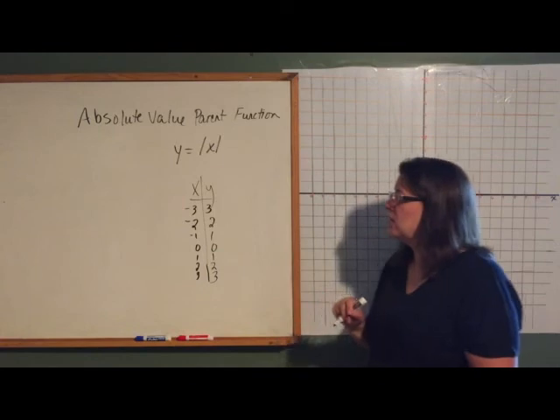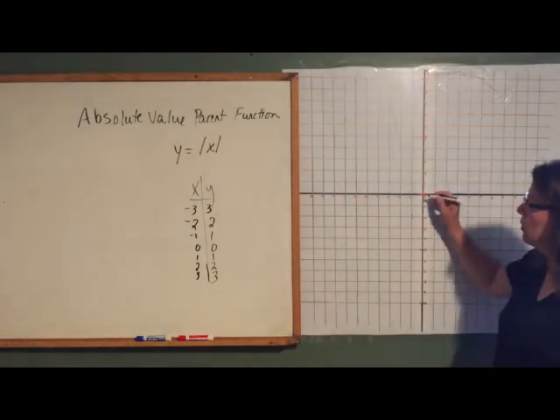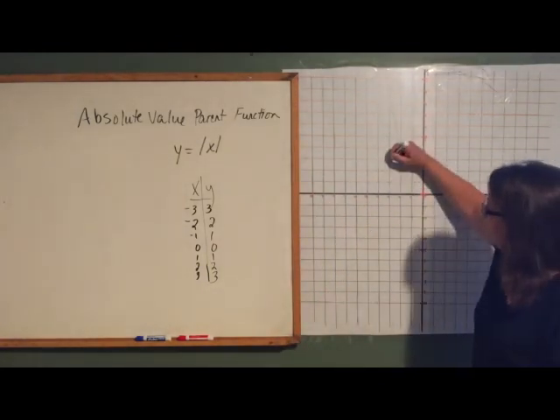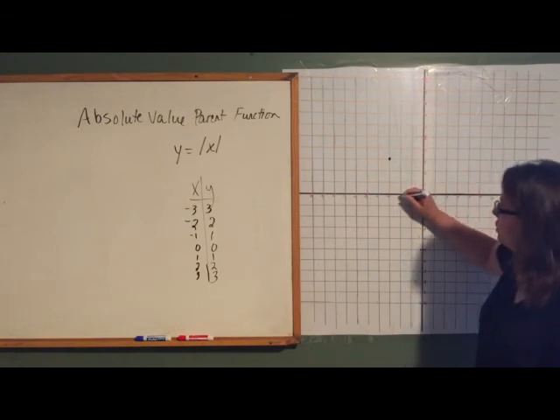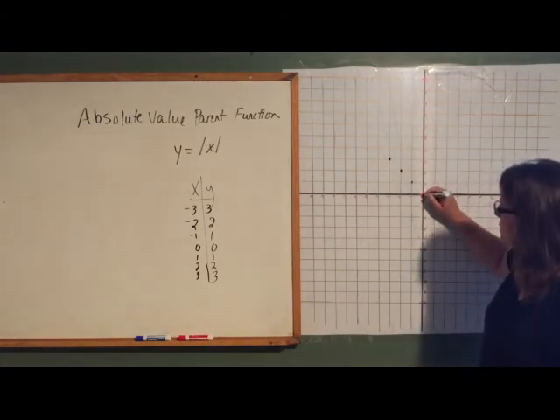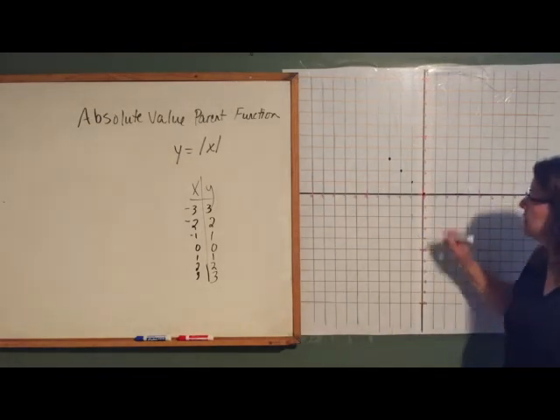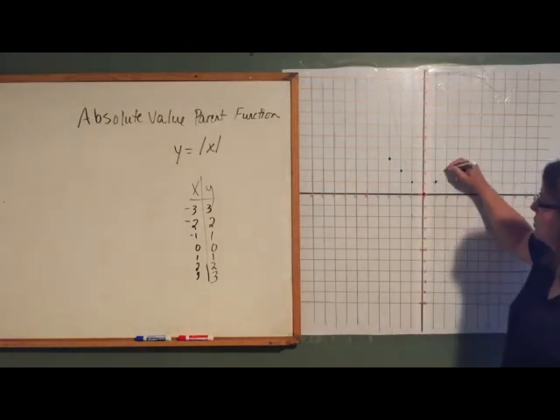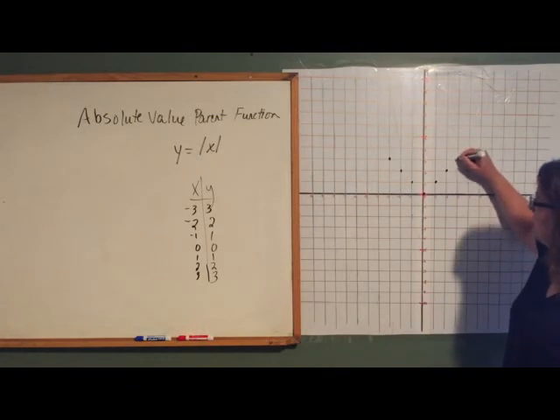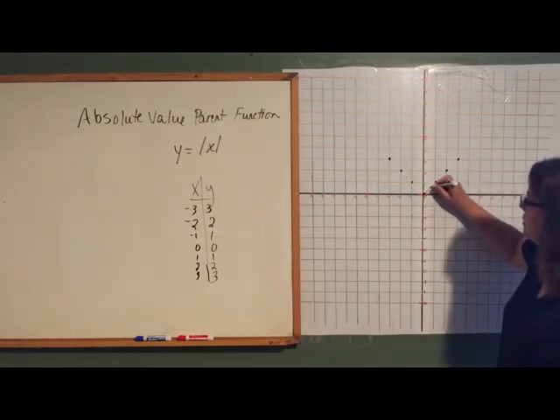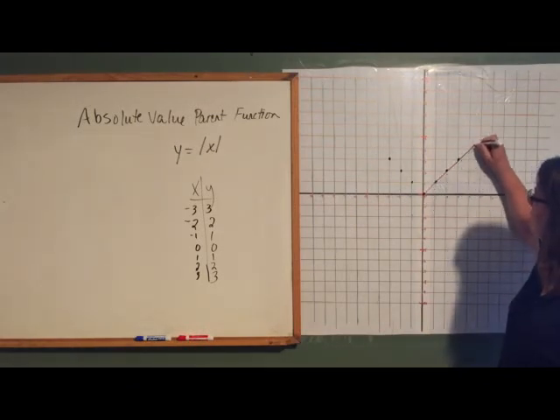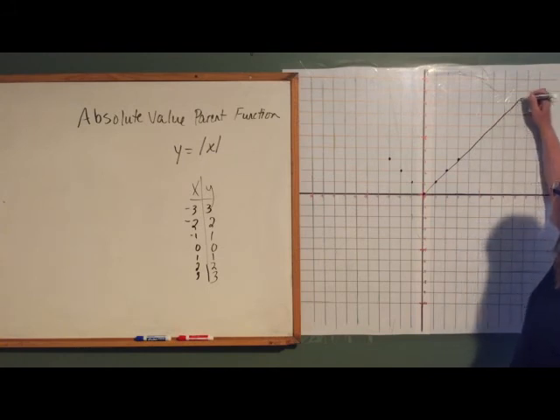So if we plug those onto the graph and form our ordered pairs, we've got -3, 3, -2, 2, -1, 1, 0, 0 is our vertex, 1, 1, 2, 2, 3, 3, and this function is going to continue that pattern all the way through.